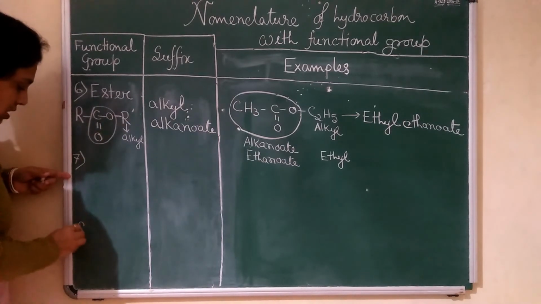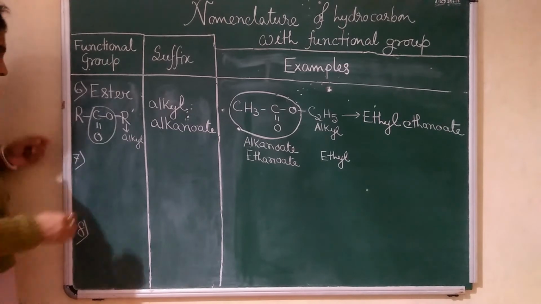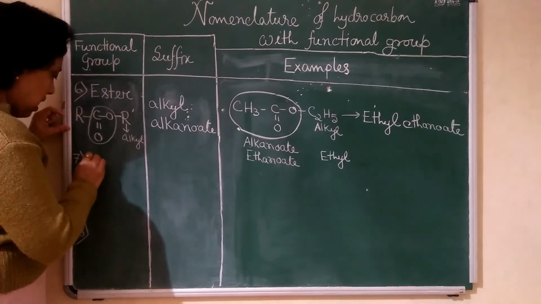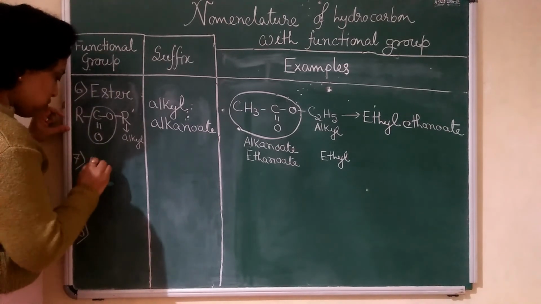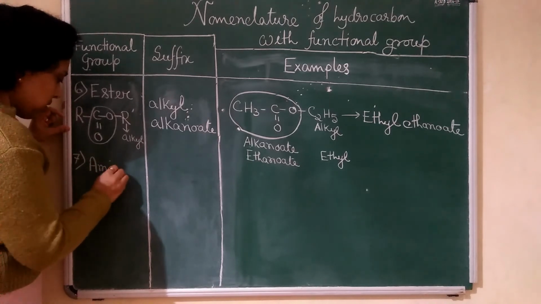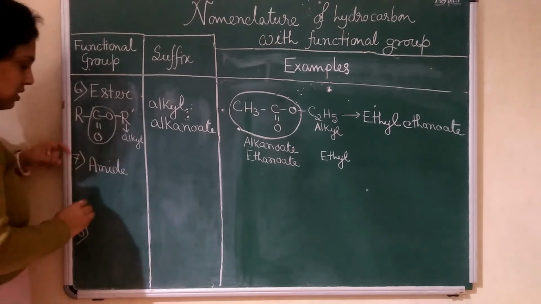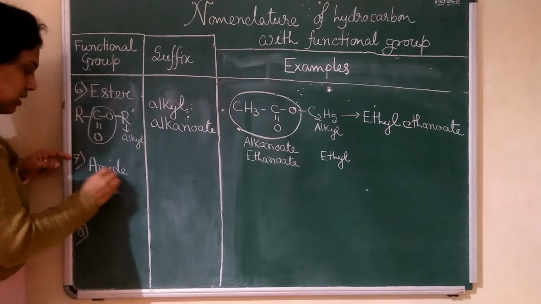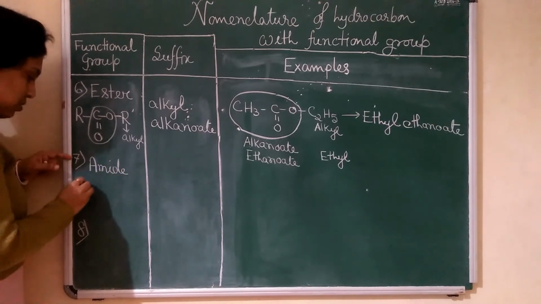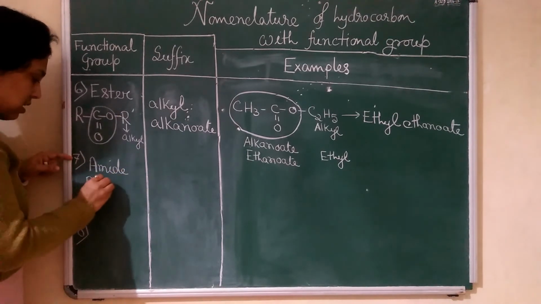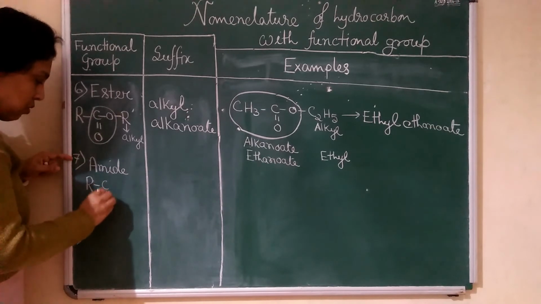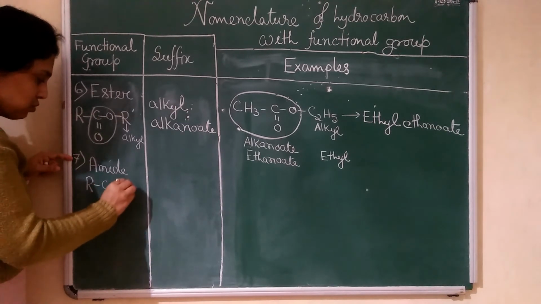The next one is 2 more. I will do 7 and 8. One is amide and the other is amine. First you do amide. Amide is related to ammonia. So it is R C double bond O NH2.